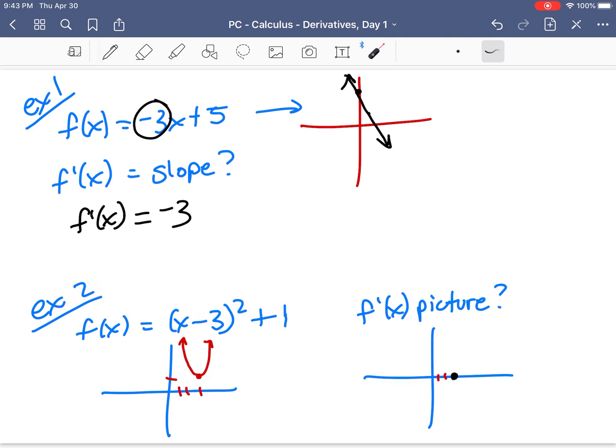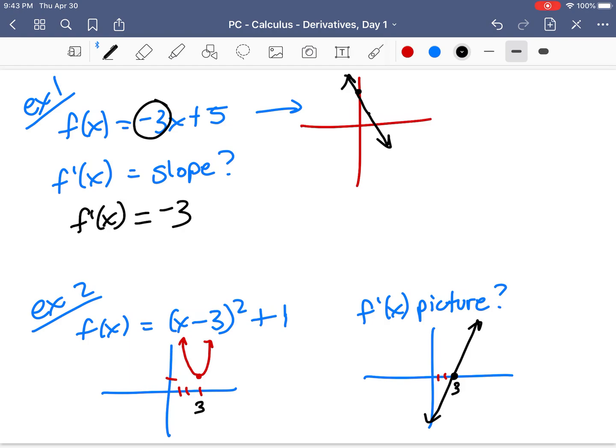Before this minimum spot, the slope was negative because it's decreasing, and then it was positive, increasing. I don't really know a whole lot about the slope, but I do know that it was negative and then positive before and after the number 3, because that's where everything changed.